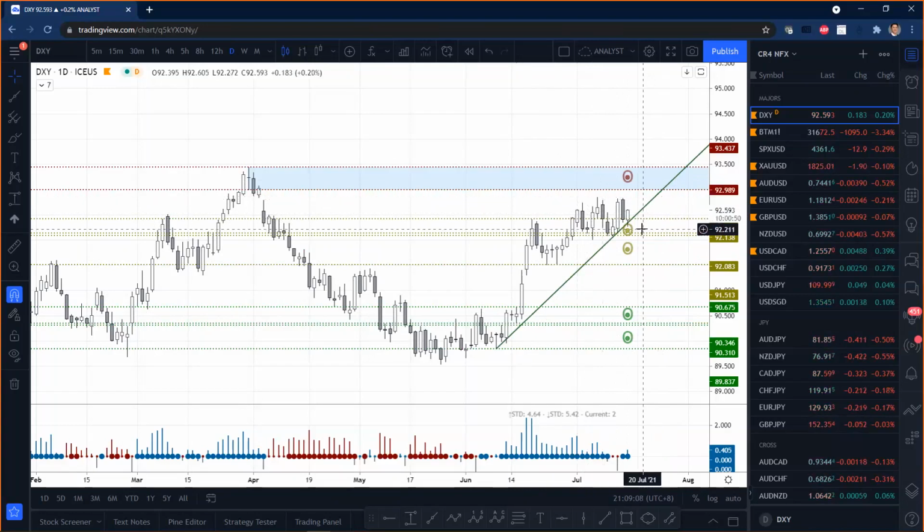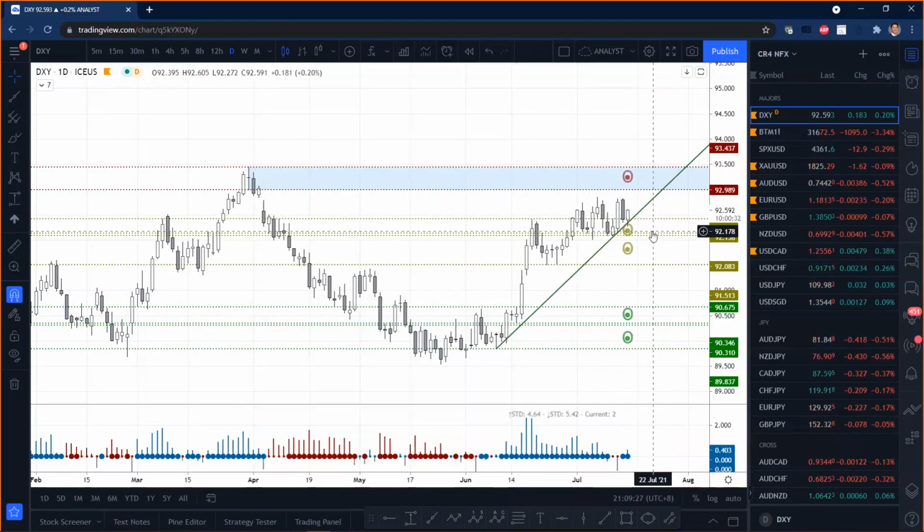But overall, I'd say we've got to be bullish until we reach this area up here. So don't put away your buying hat just yet on the dollar.